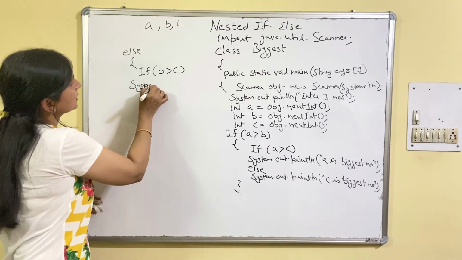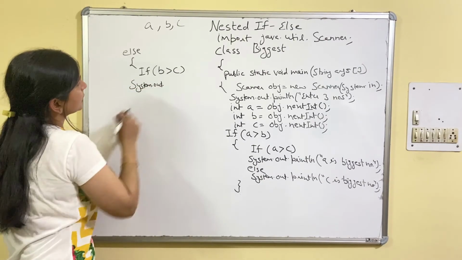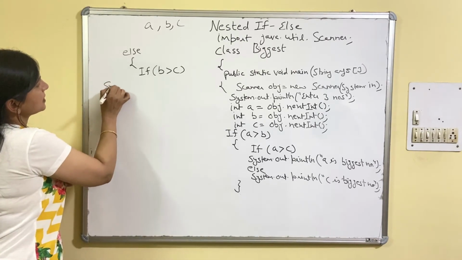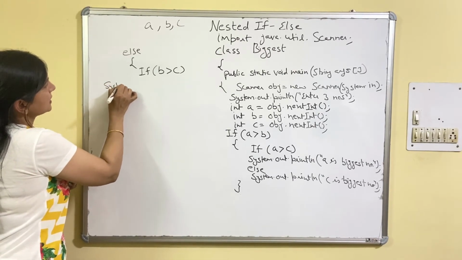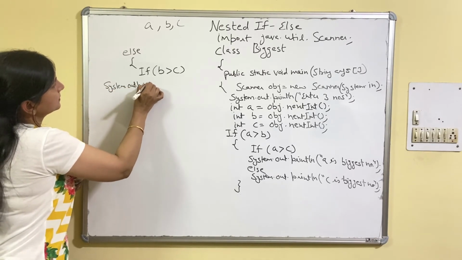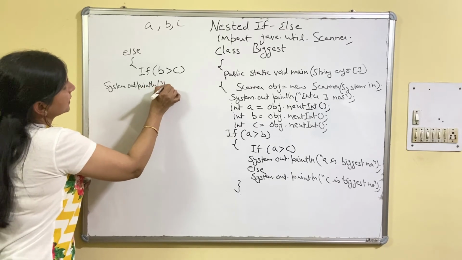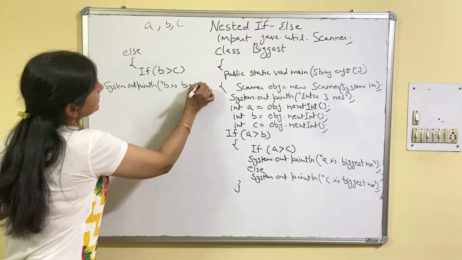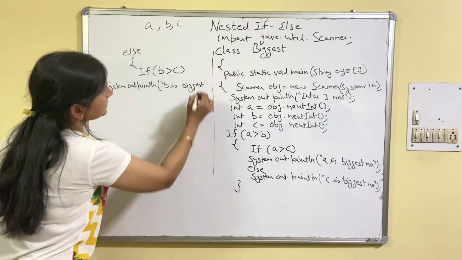System.out. Okay, space is less, so fine, System.out.println b is biggest. Fine.